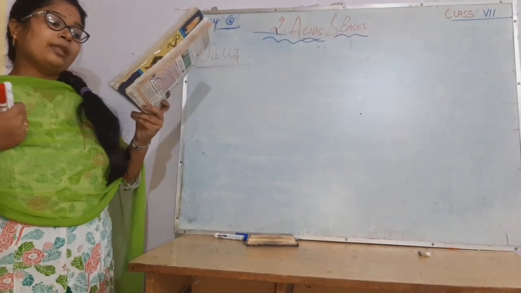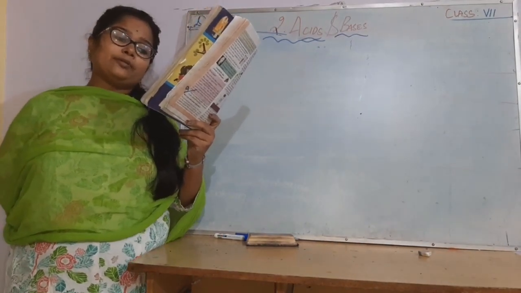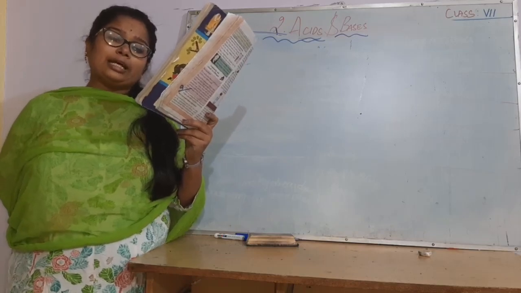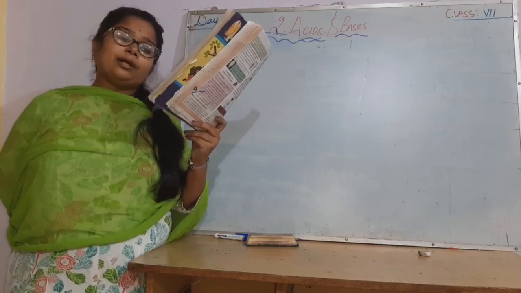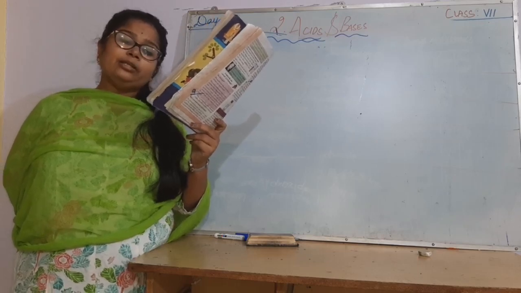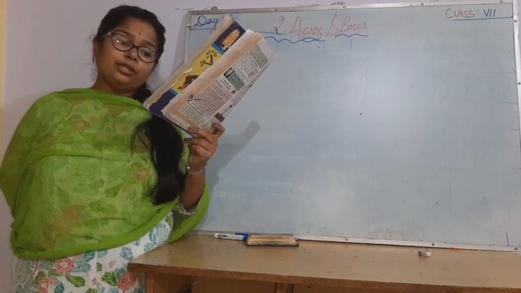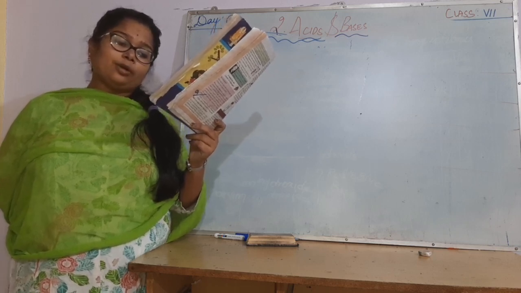Let us see. We have seen in the process of neutralization that both the acidic and basic qualities are destroyed. Actually, when an acid and a base are mixed, a chemical reaction takes place and salt is produced. For example, neutralization of hydrochloric acid solution with caustic soda, sodium hydroxide solution, produces a salt, sodium chloride.